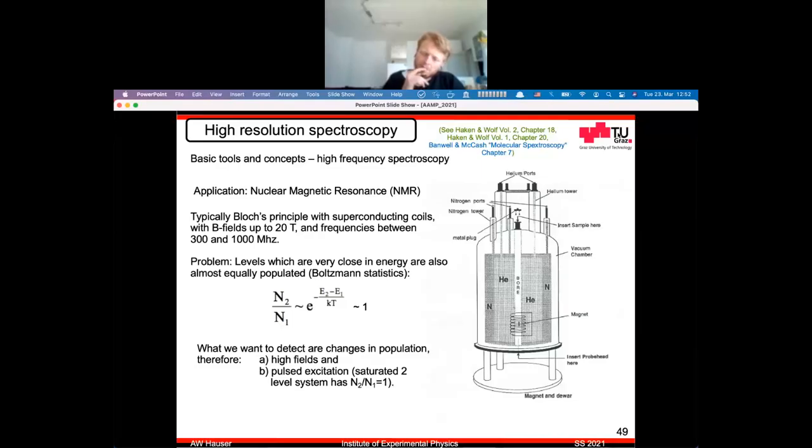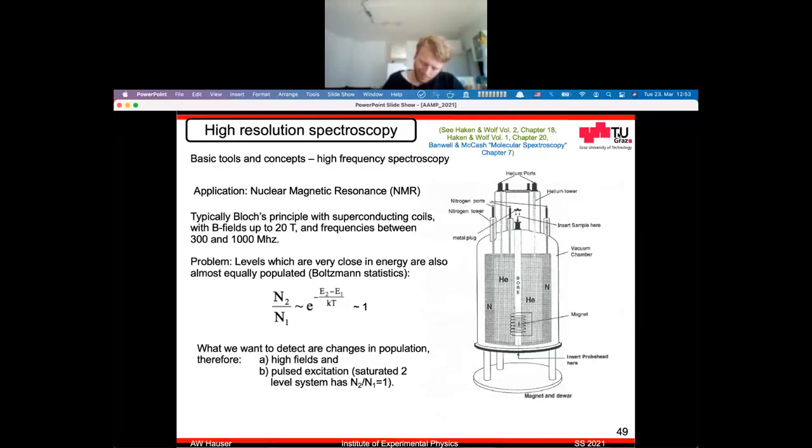Because if you look at how energy levels are populated, you have to look at the Boltzmann energy distribution, and obviously if the energy difference is very, very small, then the population of both levels will be almost the same. And there won't be any transition that you can detect, right? So you would like to have a significant difference in population between the levels, and this gets better and better the further these two levels are apart.